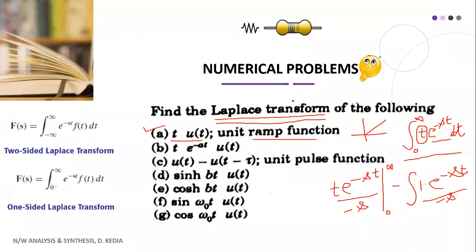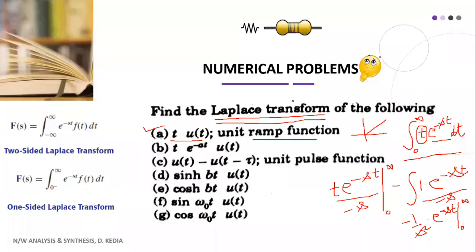Then you have one more integral. So this minus minus will become plus. The second integration will give you one more minus sign, and you will get minus 1 by s square, multiplied with e raised to power minus st, and you substitute the limits from 0 to infinity.